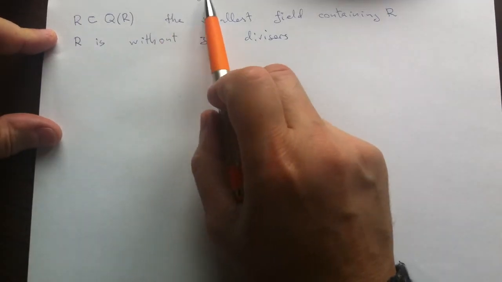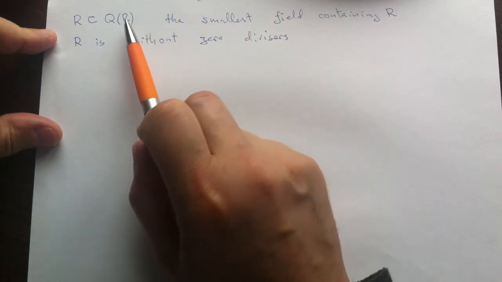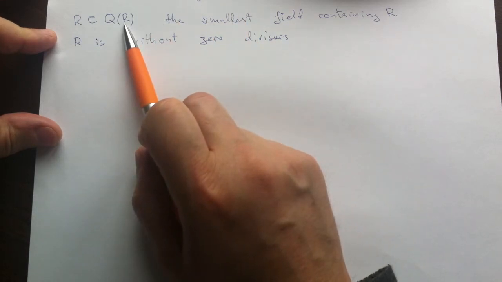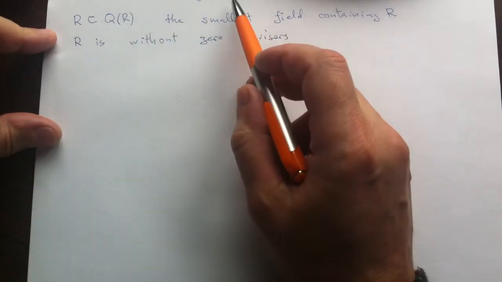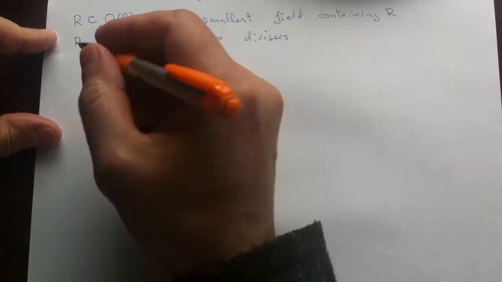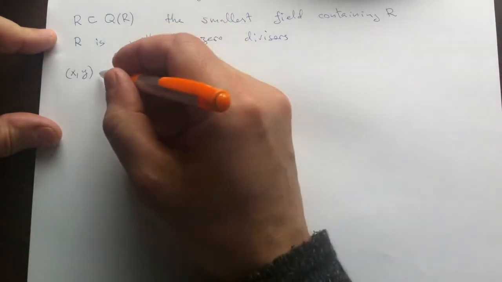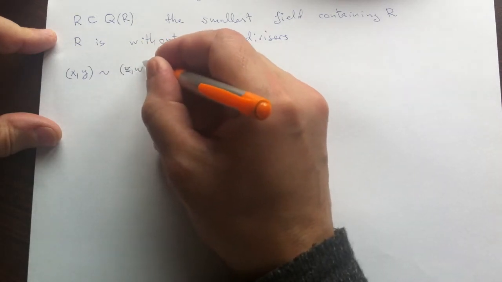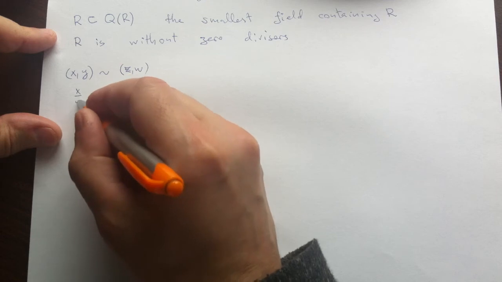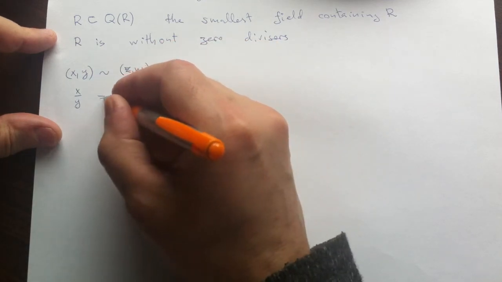So then we will just proceed as in here. We will record the elements of our new extended ring as pairs first, and then really as equivalence classes of pairs. So again, elements will be equivalence classes of pairs. Let's just write down this equivalence relation, which would make the ratio of x over y and z over w the same.